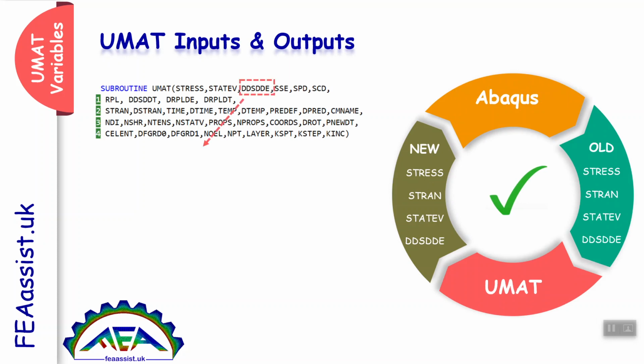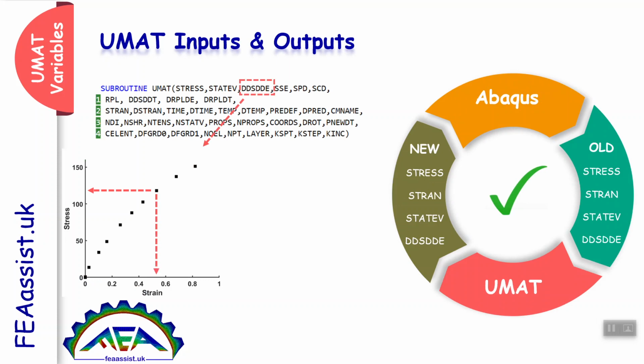Here, as an example, we explain one of the most important variables of VUMAT, which is DDSDDE. Consider you have a stress and a strain at this point, and you want to compute or predict the stress at the next point.